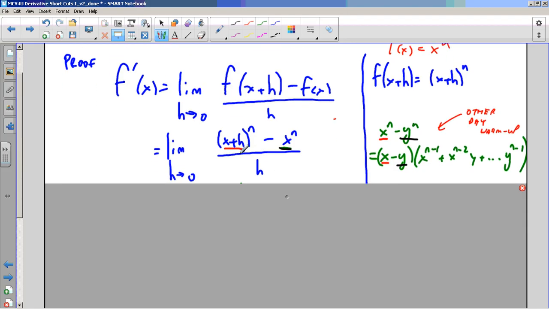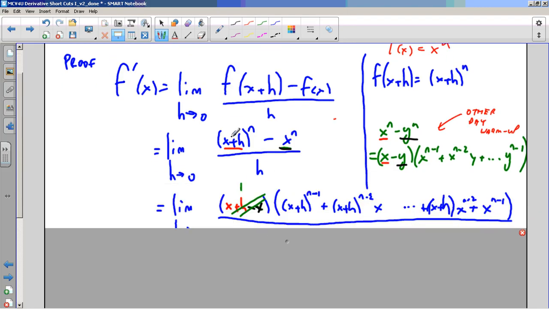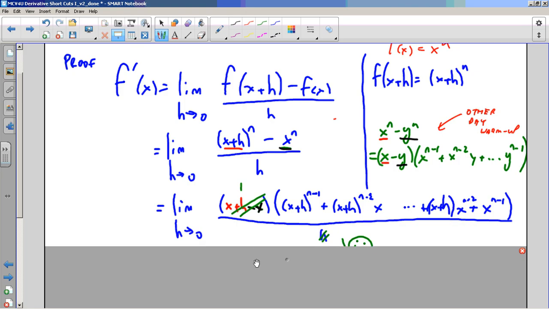Then if I factor this out, the first factor is x minus y, red minus black, and then the rest is that expression except with x plus h's and x's in there.